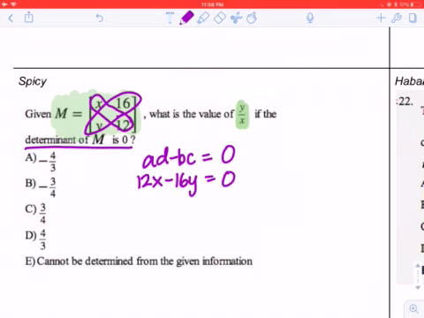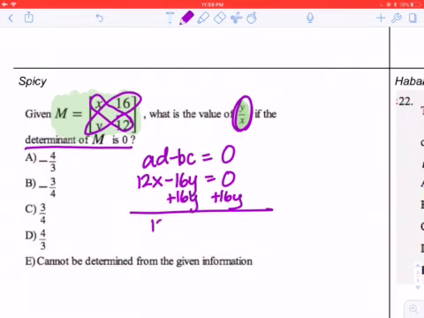So in this problem, normally we would solve for x or solve for y, but they're asking us to actually find y and x together. So I want to put my y's on one side and have the x's be divided on the bottom. So I'm going to move my 16y to the other side. So I have 12x equals 16y.